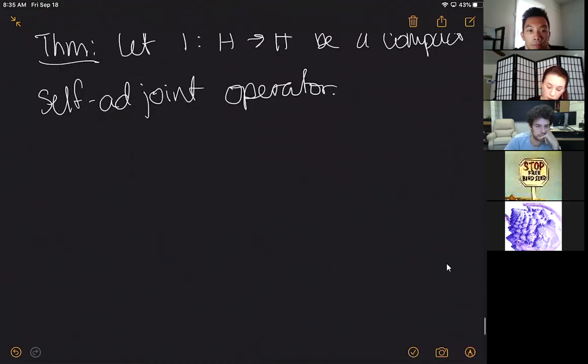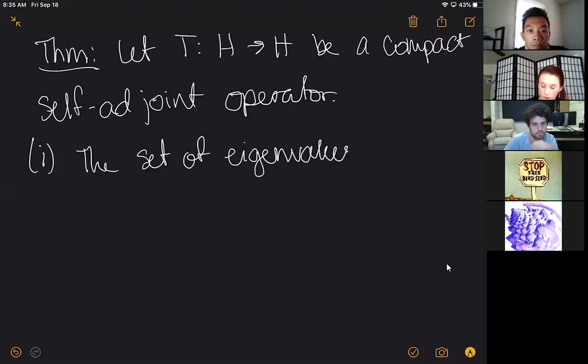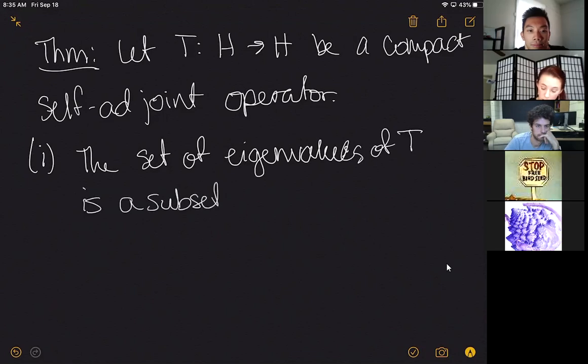Then the first part is that the set of eigenvalues of T is a subset of R. So all the eigenvalues are real numbers.